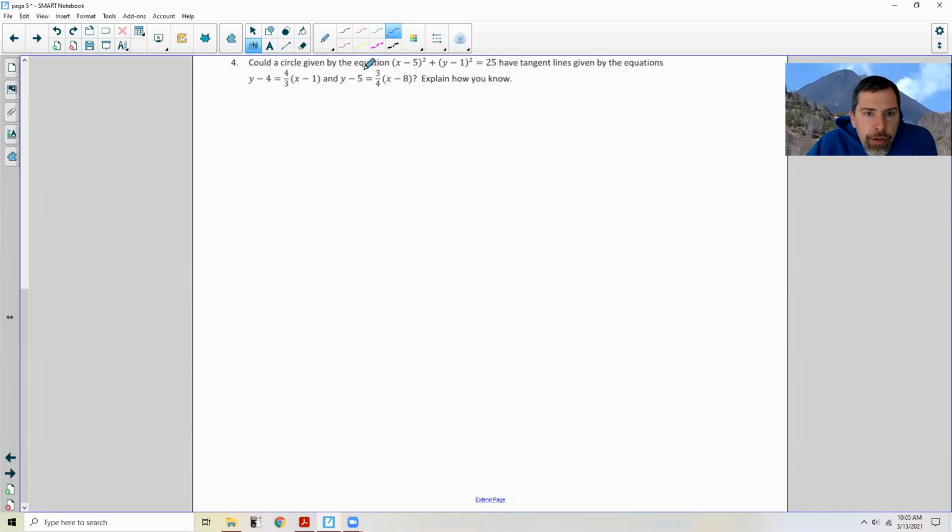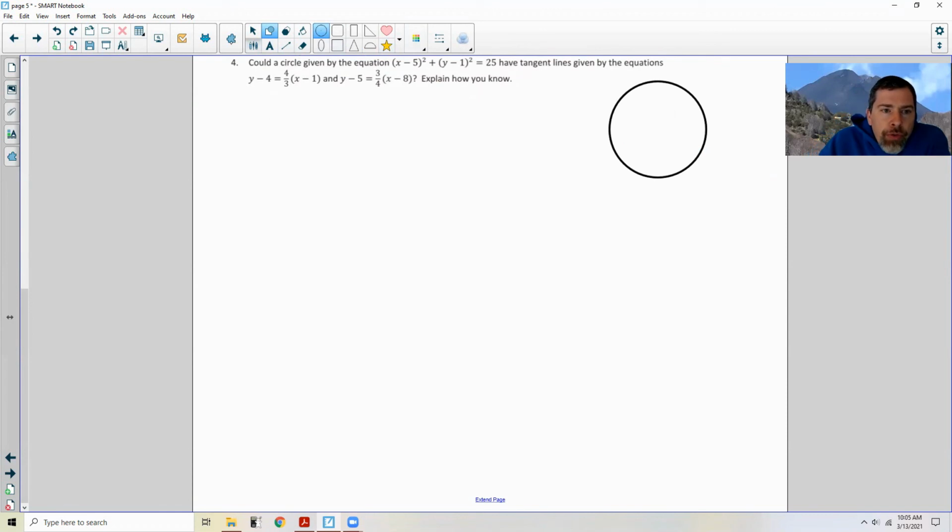Okay, so now it says, could a circle given by this equation have tangent lines given by these equations, and explain how you know? So again, just to really quickly explain this, I'm just going to draw a circle, and we have two tangent lines. So first of all, we know the slope of the tangent lines is 4/3. That's 1 1/3.